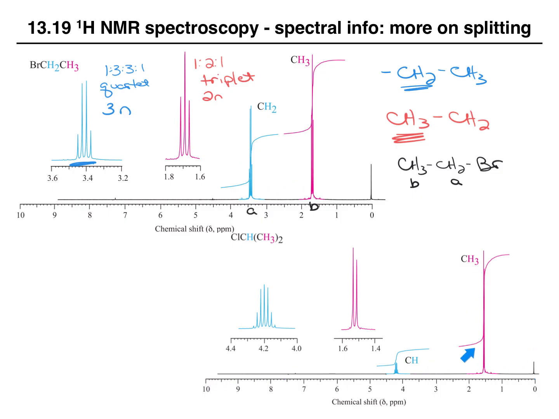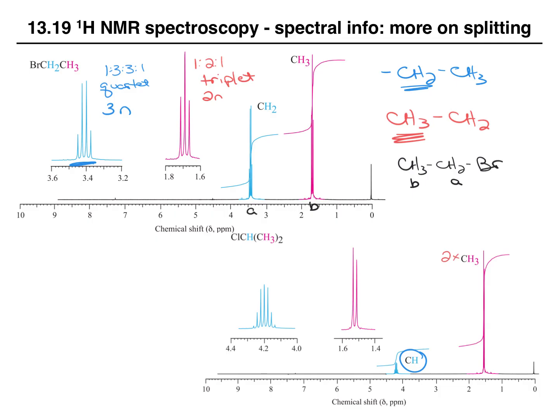Here is our original spectrum, and then here we have the zoom in of the peaks. The relative integration, if this is 1, then this is 6. So our blue signal is a CH group, and our pink signal is actually H6, so we must have 2 CH3 groups.